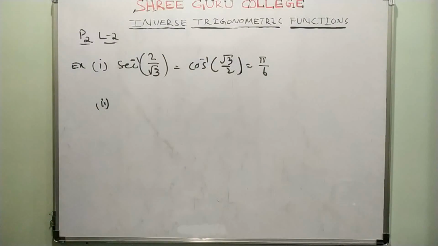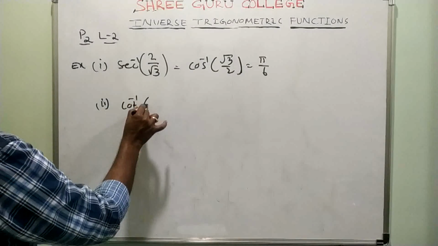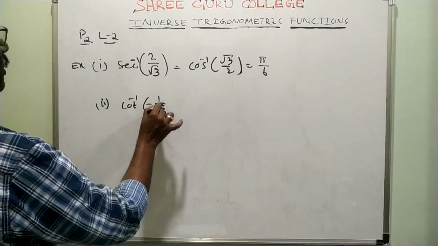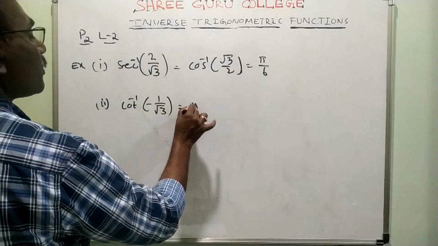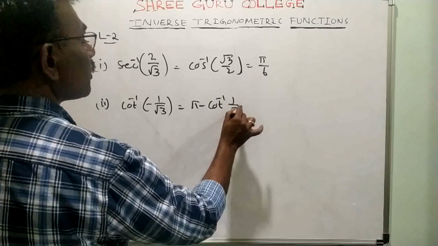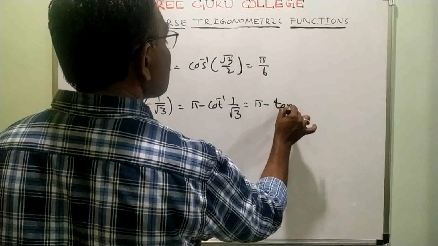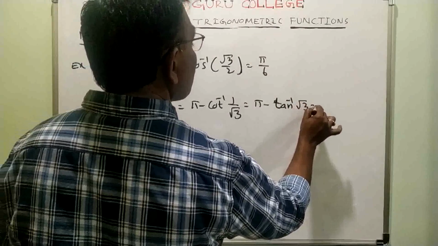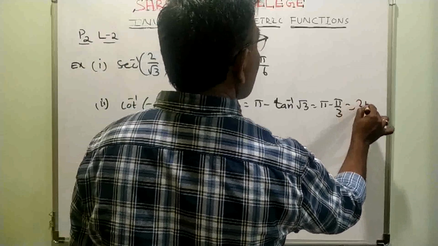Second one, cot inverse of minus 1 by root 3. Better first write pi minus cot inverse of 1 by root 3. Pi minus, taking the reciprocal, tan inverse of root 3. Pi minus pi by 3 is 2 pi by 3.